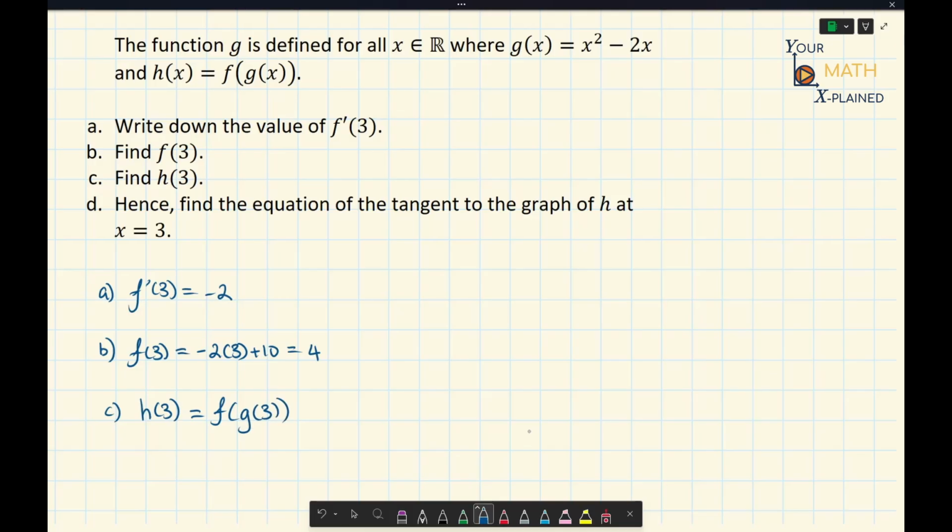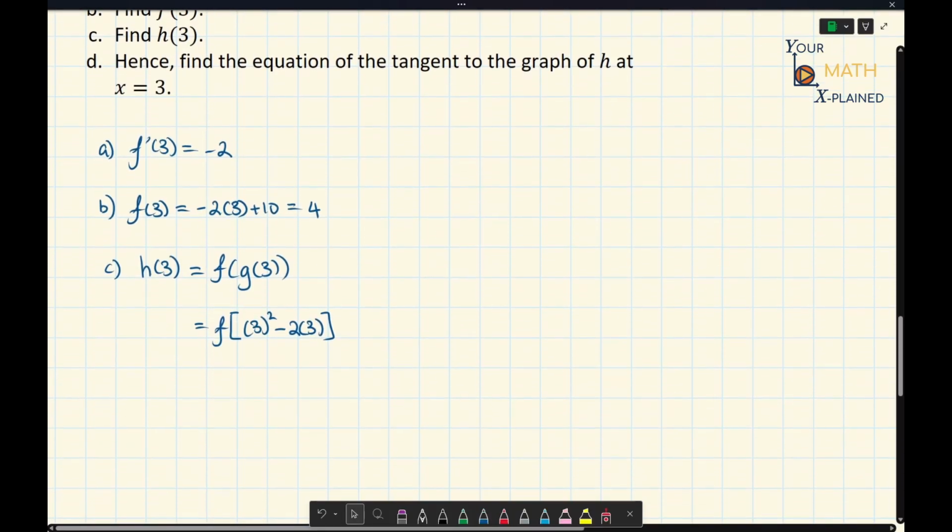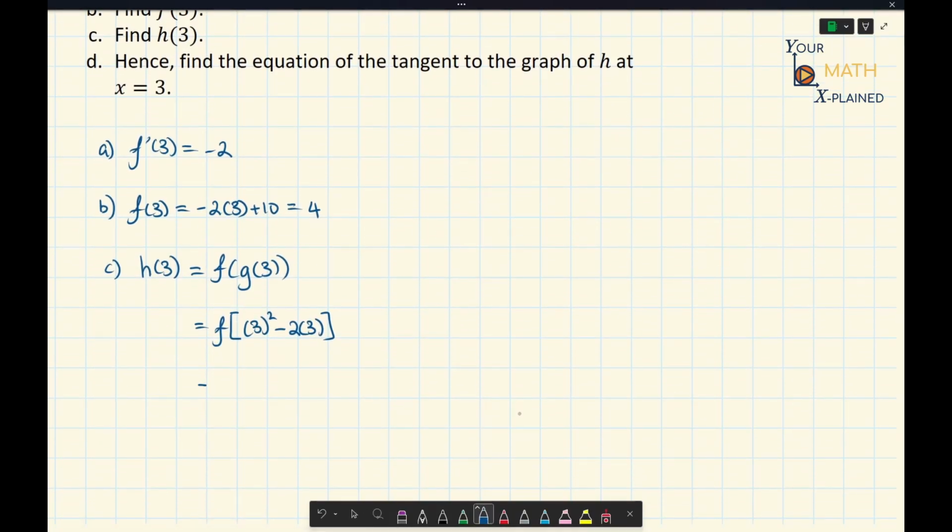But since we're given the specific function for g of x, we just need to substitute 3 into our function g, which means this is equal to f of 3 squared minus 2 times 3. And that evaluates to 3, which means we're looking for f of 3.